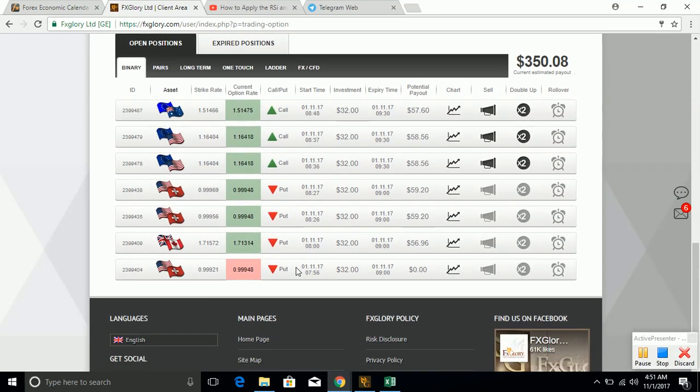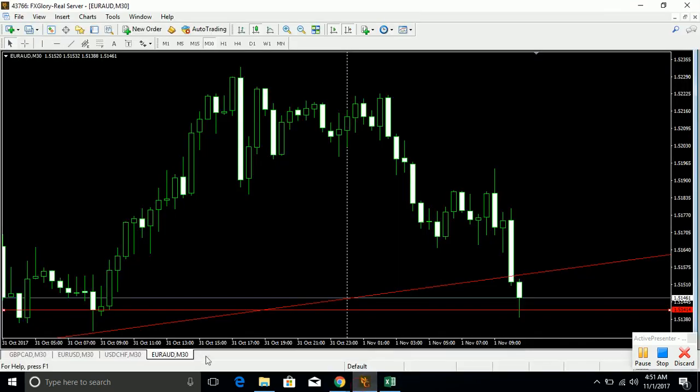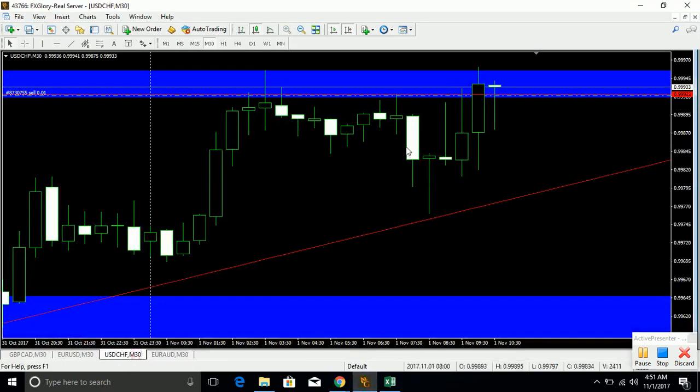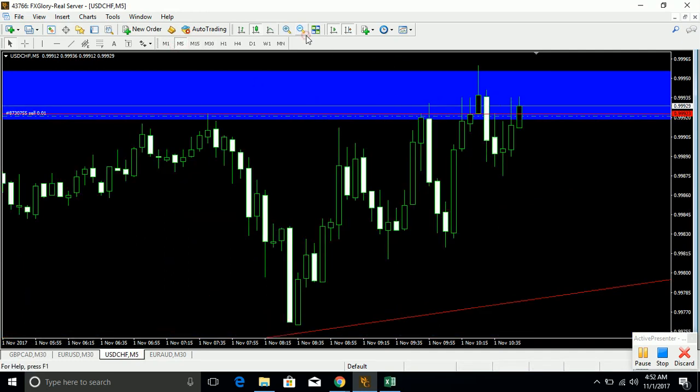As far as these trades are concerned, all of them are in the profit except for this dollar Swiss franc, which should be coming around for us. We got 10 more minutes, 8 more minutes. So we'll see how this candle and this next 5-minute candle close out. But we're looking for them to close out bearish.